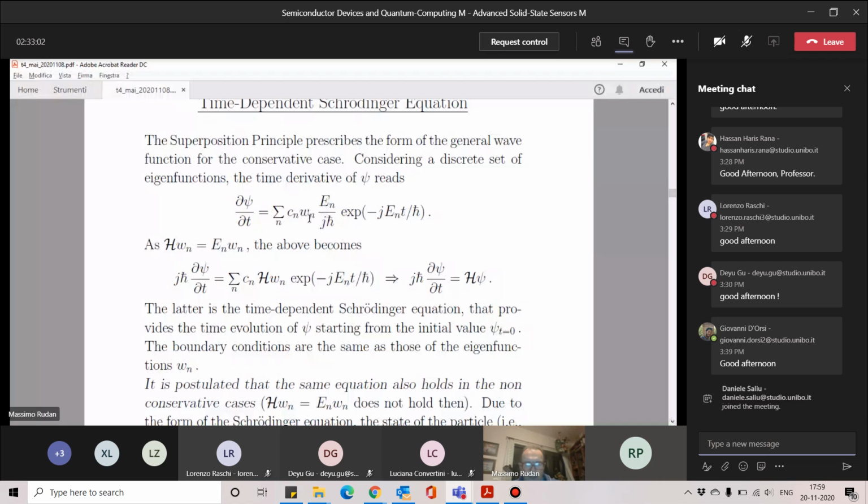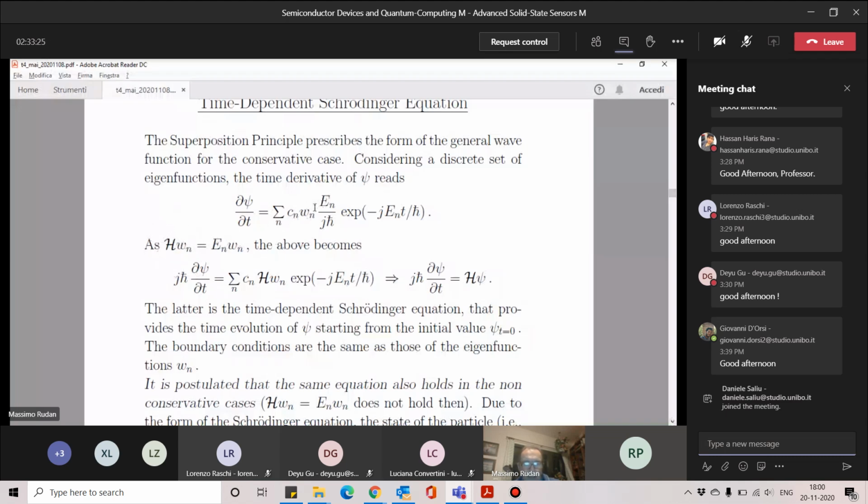Inside the sum, you see there is the product En times Wn. But this product, because of the Schrödinger equation independent of time, is equal to the Hamiltonian applied onto Wn.